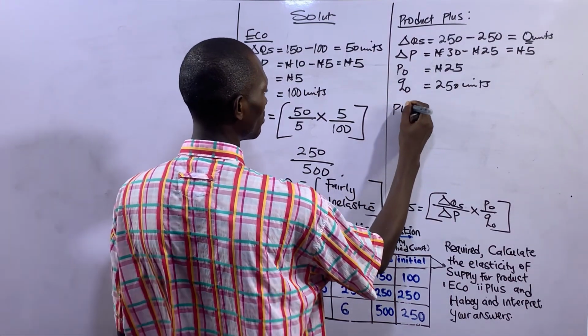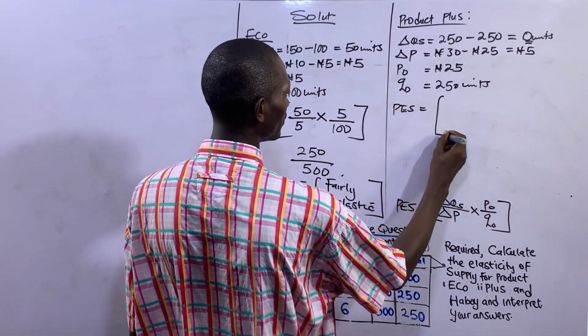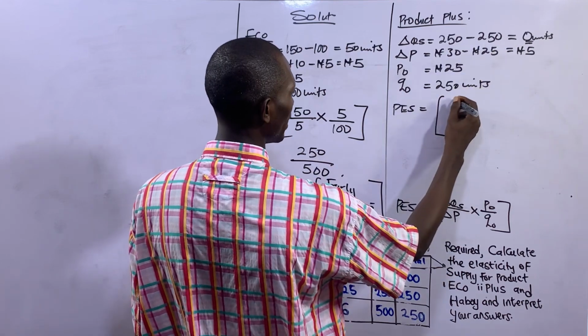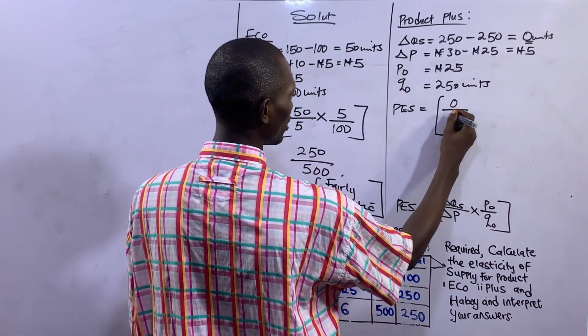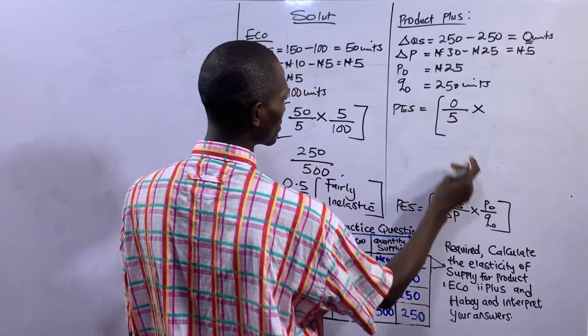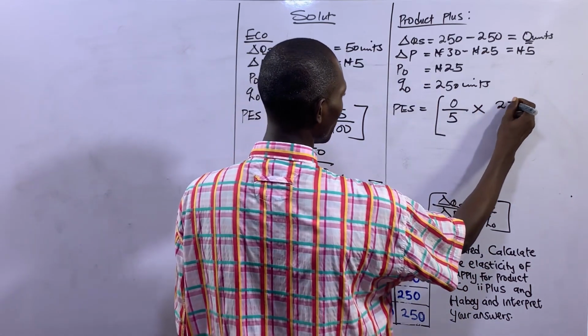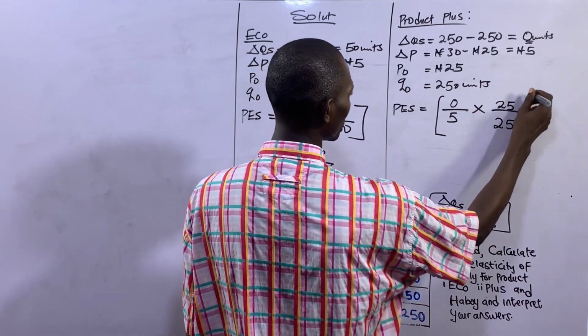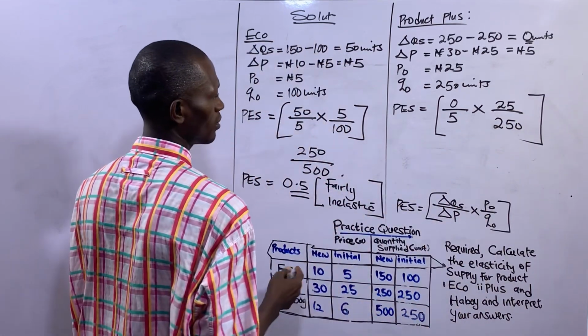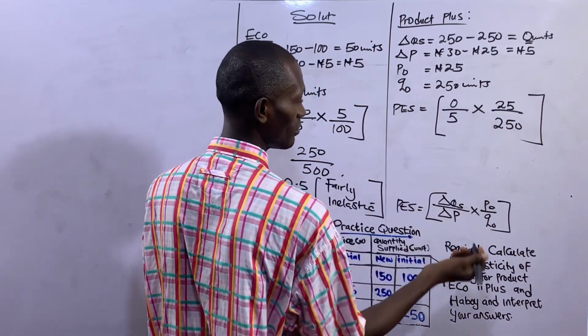Then price elasticity of supply now. So we have change in quantity supply is 0 divided by the change in price which we've gotten as 5 times the old price is 25 and the old quantity is 250. So 0 times any number is 0.